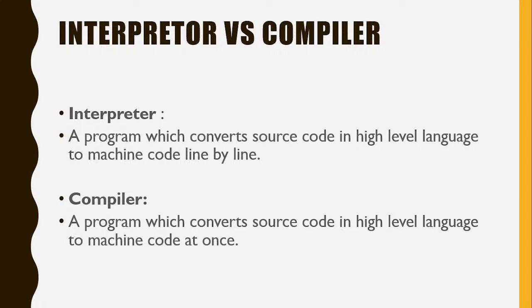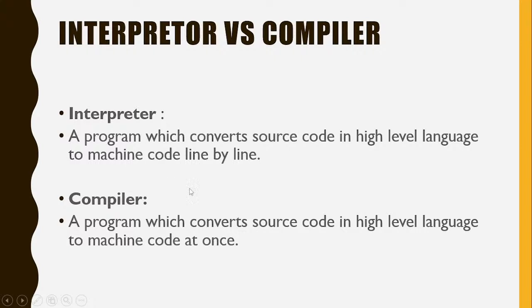The core difference between an interpreter and a compiler is only that an interpreter converts and reads code line by line, whereas a compiler converts and reads the full code at once.